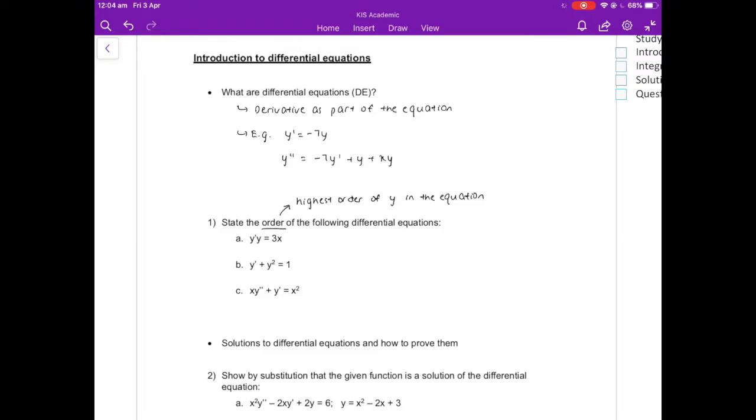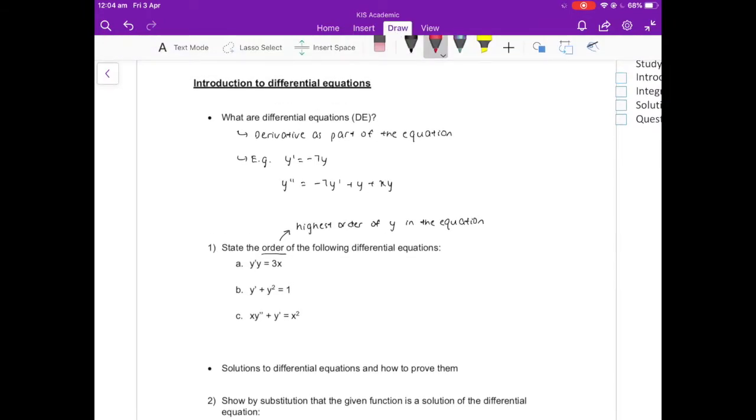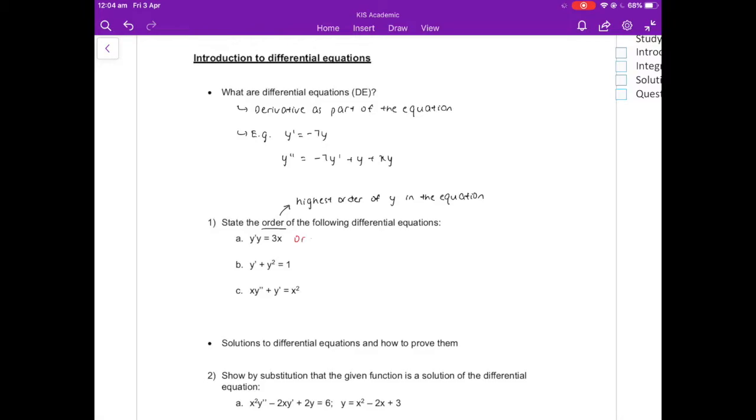That means that the order of that would be 1. So I'll write this in red. So this is order 1. The second one, again, same, because y dash is the highest order. That'll be order 1. But the next one, we have y second derivative, y double dash. So that will be order 2. So that is what we mean by the order of the differential equation.